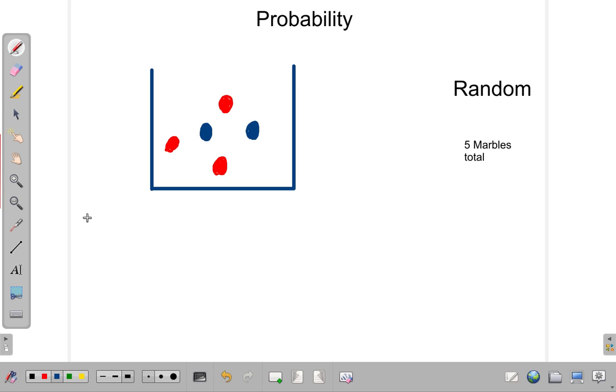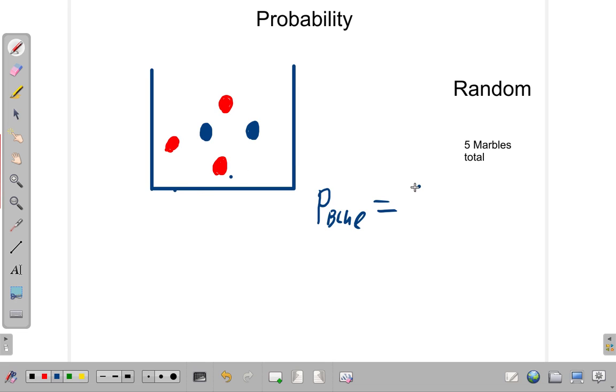Now, when I write that down, it is P(blue). What is the probability that the marble you pick is a blue marble? Let's see. How many blue marbles are there? Because remember now, the probability of you picking a particular type of marble is the number of that marble in the box divided by the total number of marbles in the box.